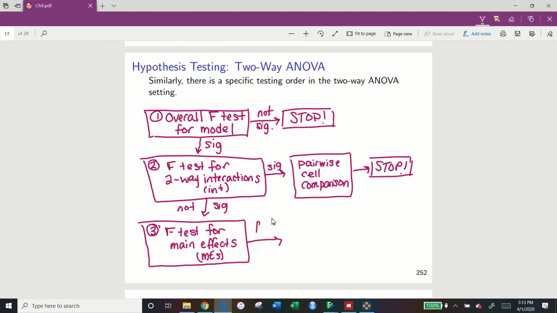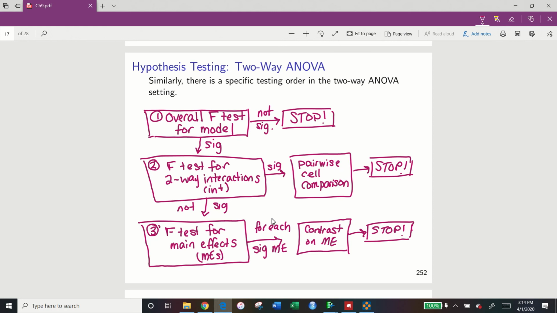And so for each significant main effect, we will do a contrast on that main effect to see what level of that main effect is most effective in influencing our response. And then once we're finished with that, we'll stop.